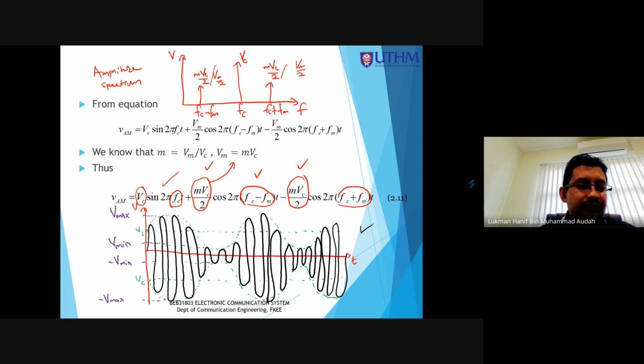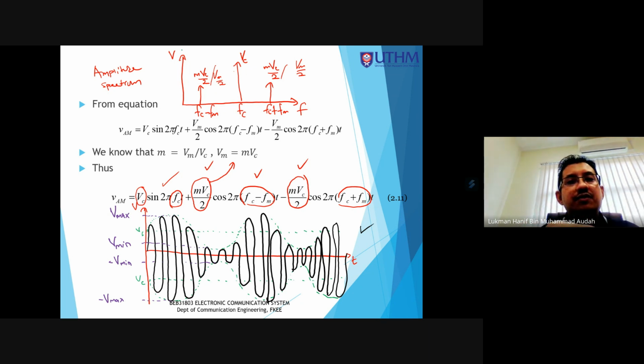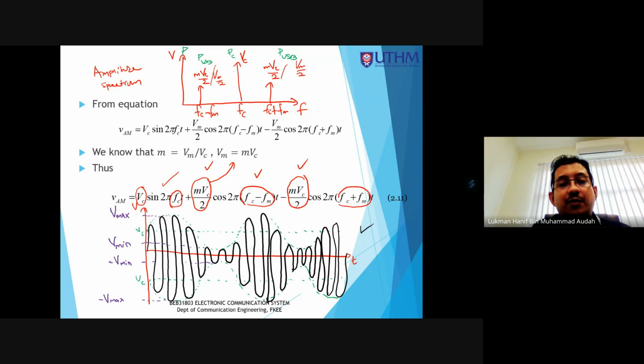For the power spectrum, your graph should be in terms of power, so it can also be P versus f, where you need to write the carrier power Pc, how much it is, the PLSB, and also the PUSB. That one is for power, which you will learn later after this.